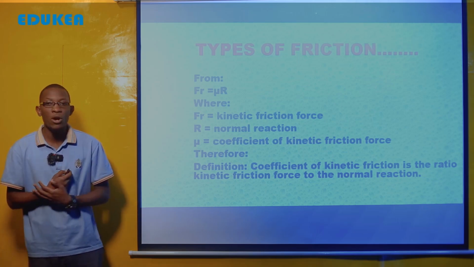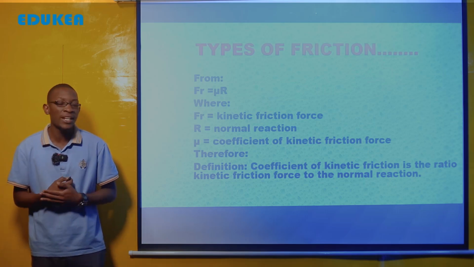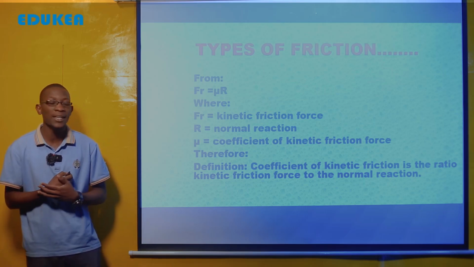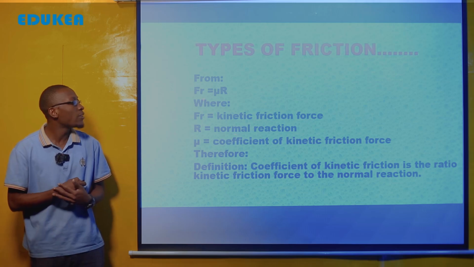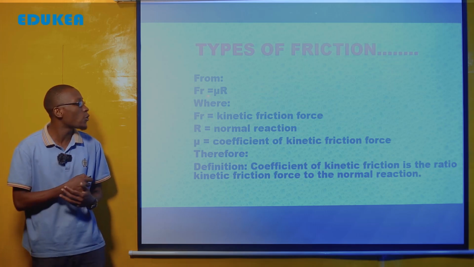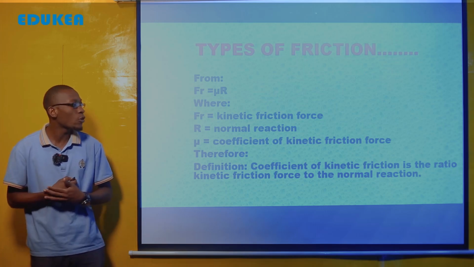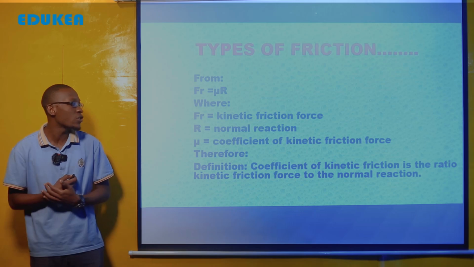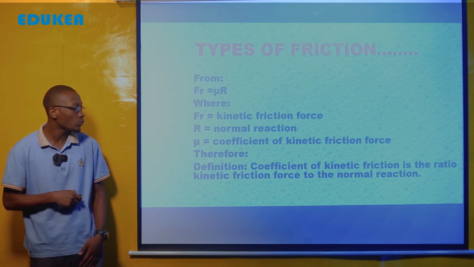So tukiwa tunaamua kutafuta coefficient of kinetic frictional force, maana yake ni sawasawa na mtu achukue the frictional force agawie kwa normal reaction. So tukiwa tutake kupata frictional force, ni sawasawa na mtu achukue coefficient of kinetic frictional force times normal reaction.